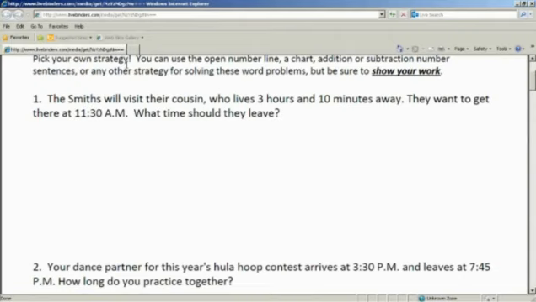And so to me, this opens up many possibilities for students who may not be able to solve a problem in exactly one method. The directions go on to say you can use an open number line, a chart, an addition or subtraction sentence, or any other strategy to solve these word problems, but be sure to show your work.